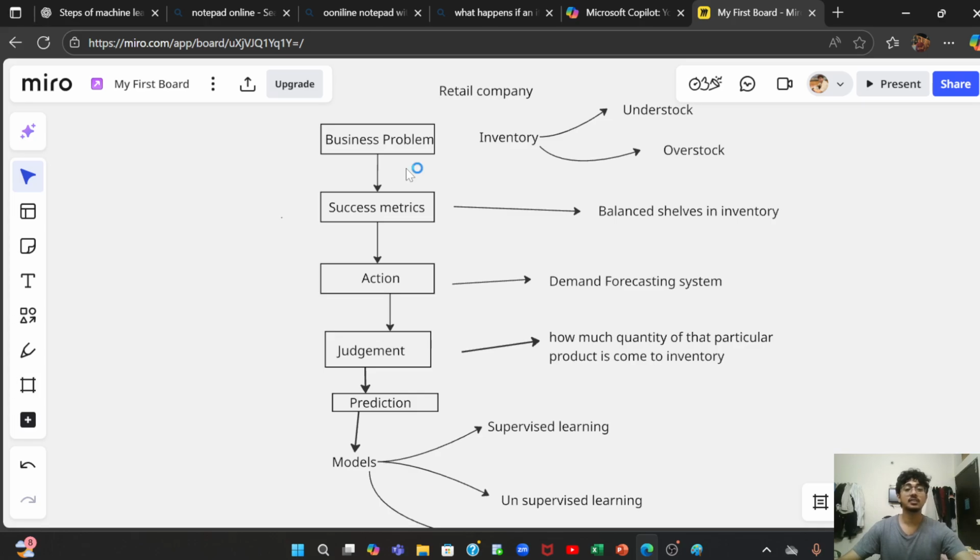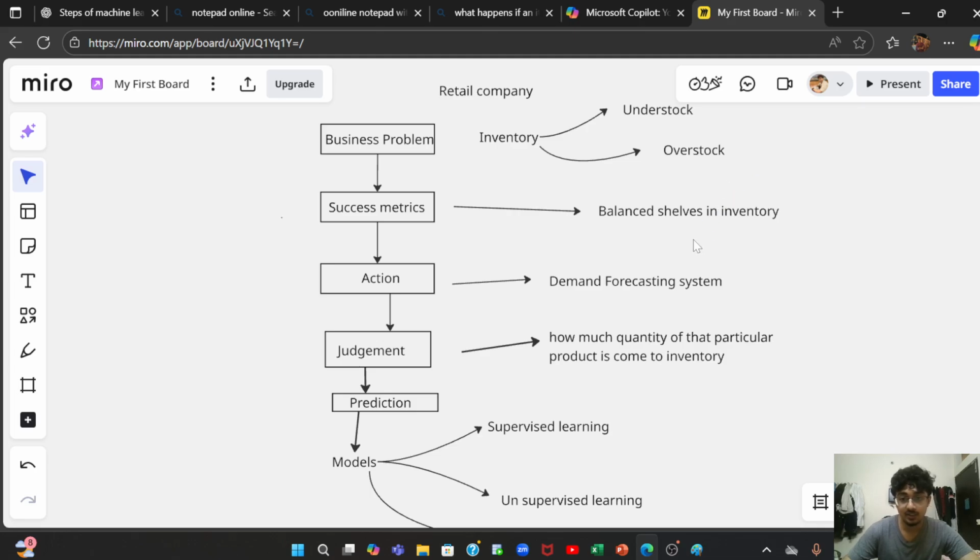So what should be the further steps? We understand the business problem. The next step is what should be the success metric. The success metric of this problem is that there should be balanced sales in the inventory. There can't be a situation which completely minimizes understock or minimizes overstock.